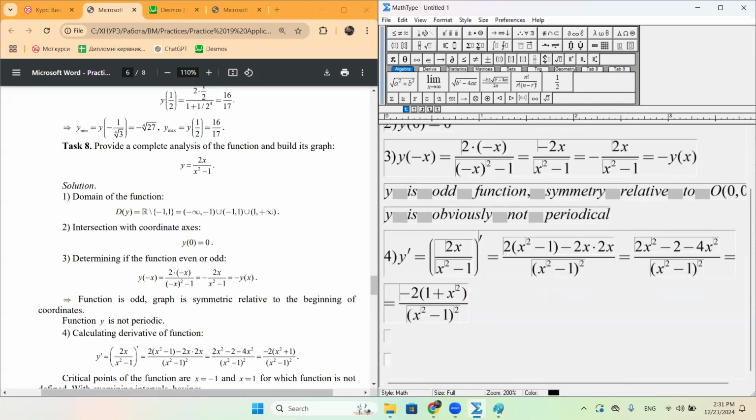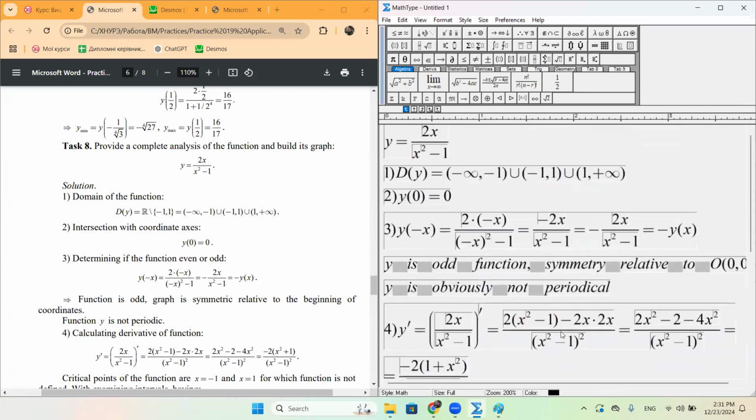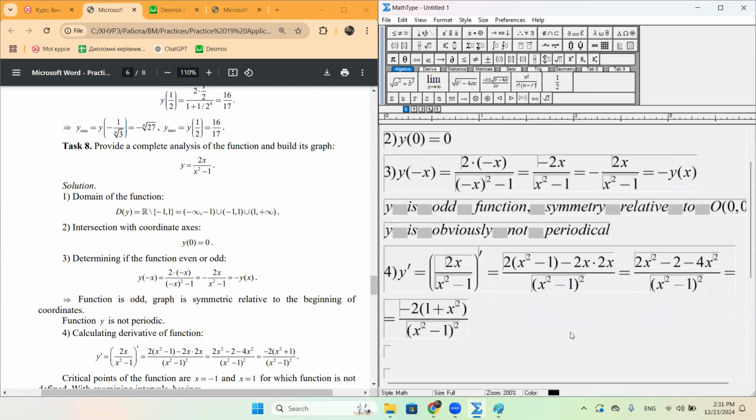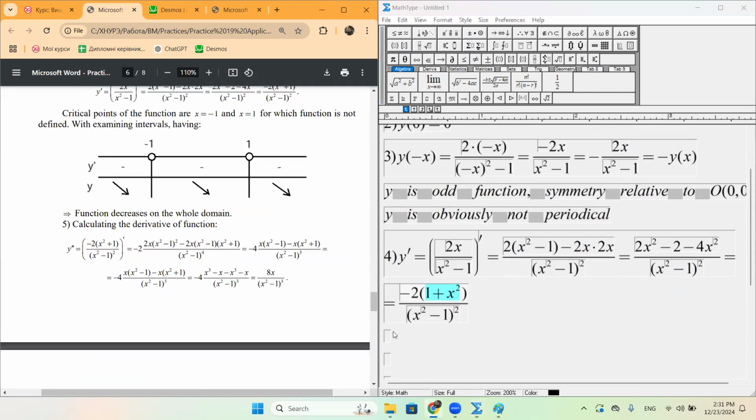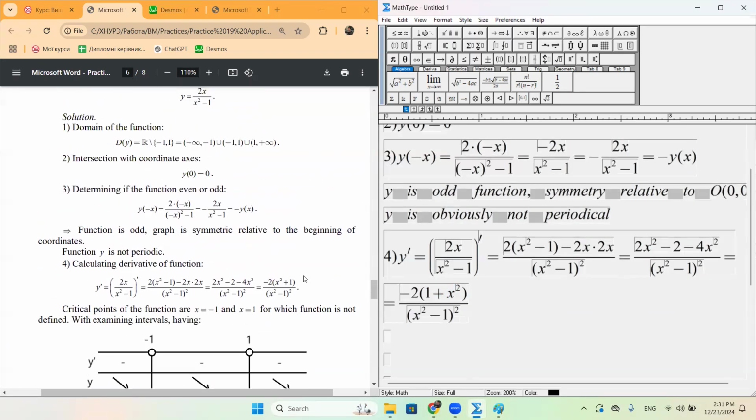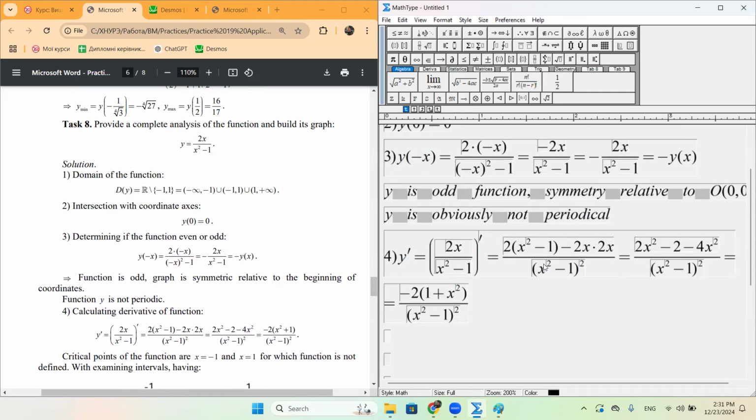It's an interesting question, because the derivative is not equal to 0 at any points, since the numerator never becomes 0. So it always decreases on its domain.